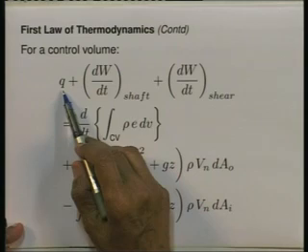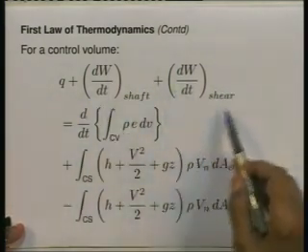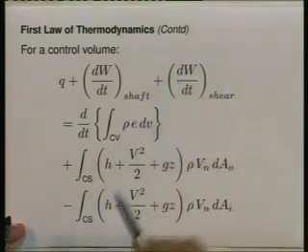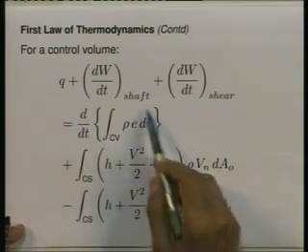In symbols, the statement is the following, and you can see it straight away flowing from our earlier discussion. Q is the rate of heat transfer to the control volume, dW/dt is the rate at which shaft work enters, and dW/dt the rate at which work is done by shear forces. The first term on the right hand side is the rate of change of energy inside the control volume.